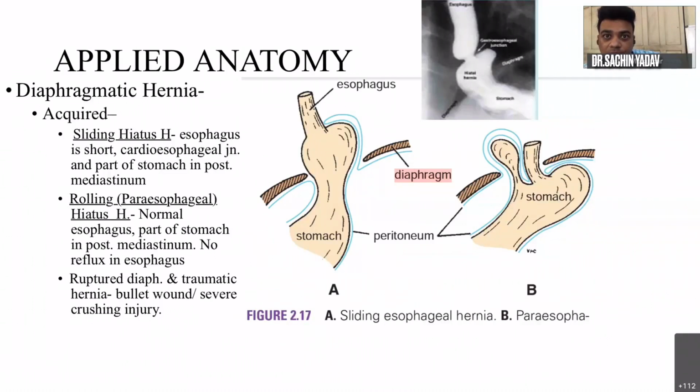So esophageal reflux is not taking place there. Esophageal reflux means the regurgitation of the gastric content from the stomach back to the esophagus. Ruptured diaphragm and traumatic hernia can occur due to bullet injury or severe crush injury.